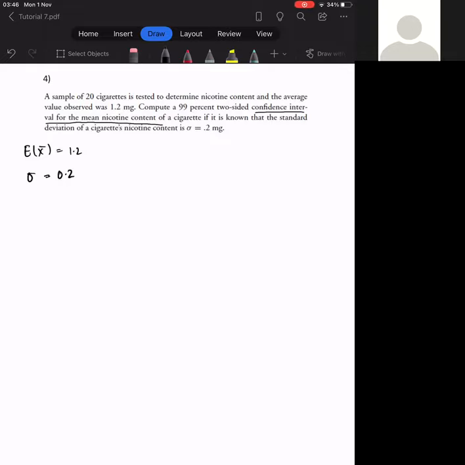We know that our point estimate x bar is normal with mean mu and variance sigma squared over n.